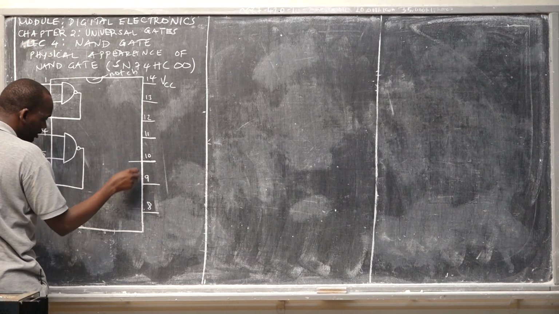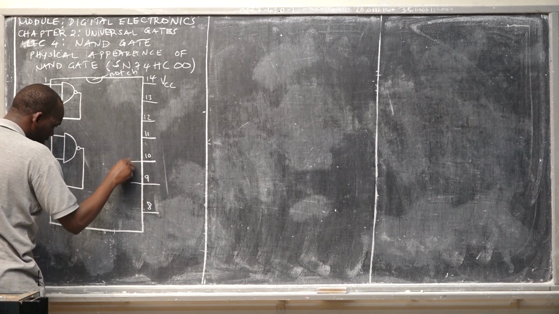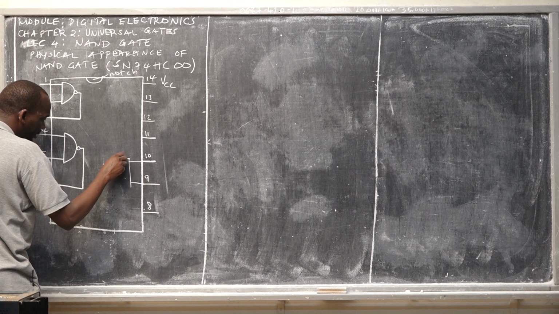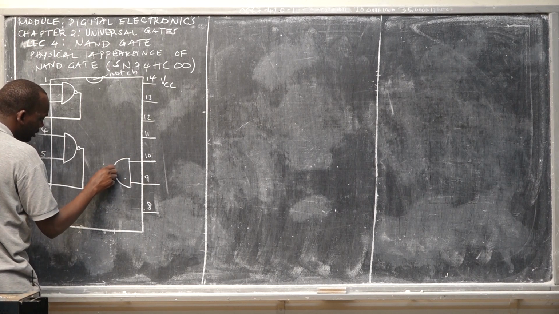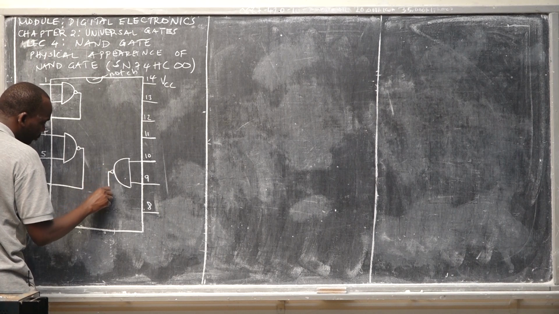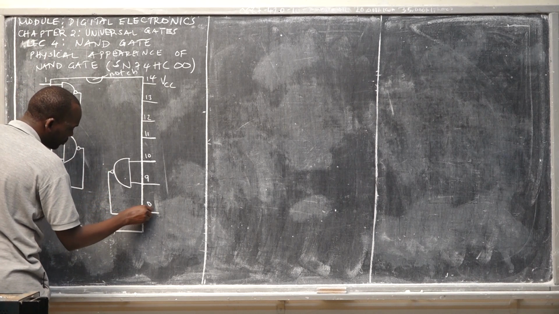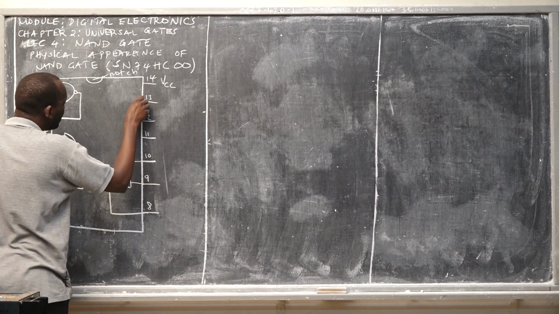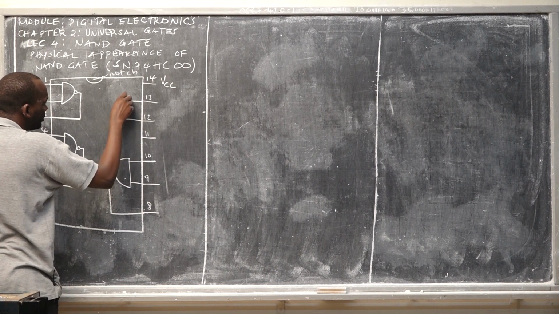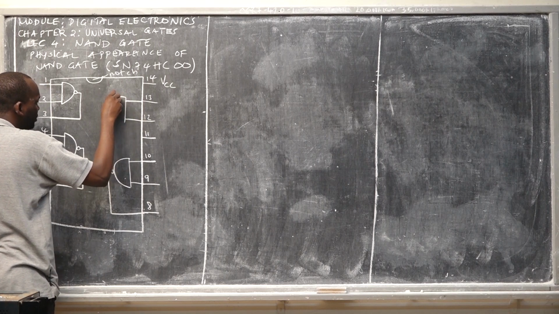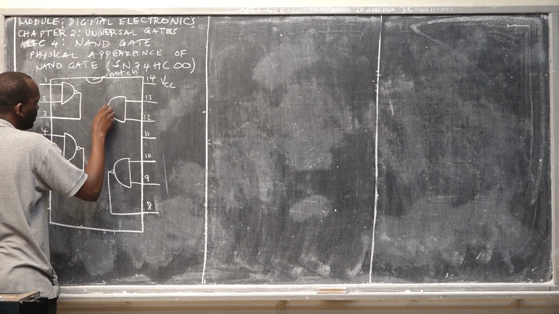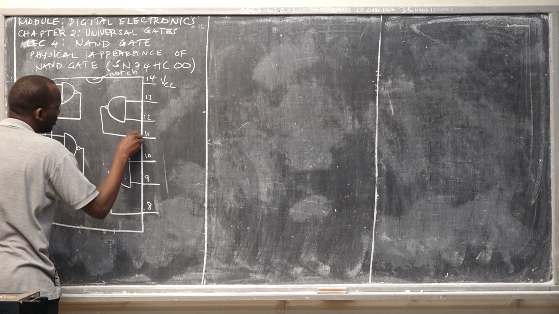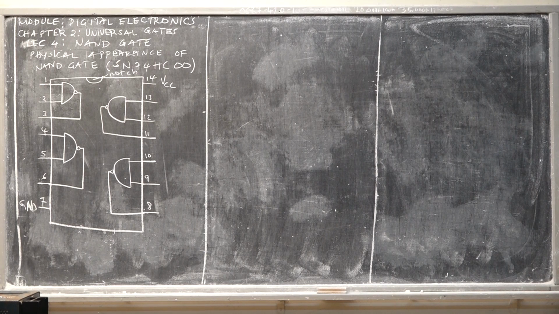Pin number 10 and pin number 9 are the inputs of the third NAND gate, while pin number 8 is its output. Pin number 13 and pin number 12 are the inputs of the fourth NAND gate, and pin number 11 is the output pin of the fourth NAND gate.